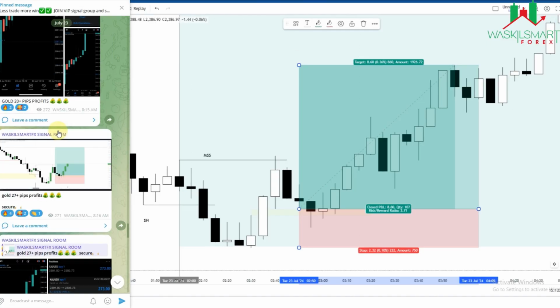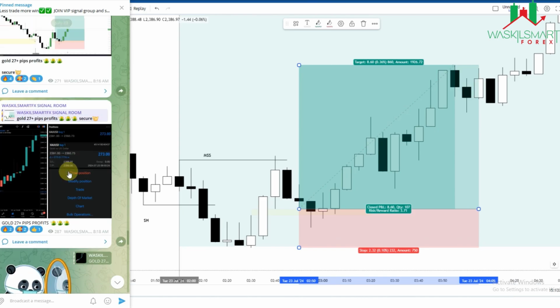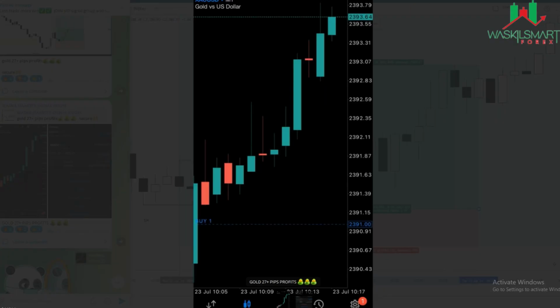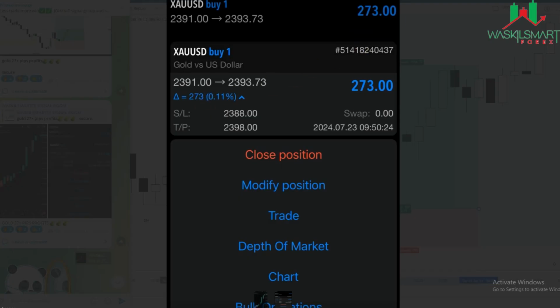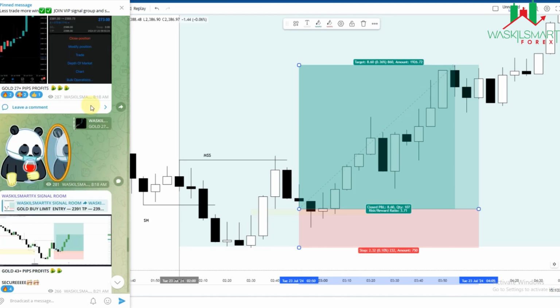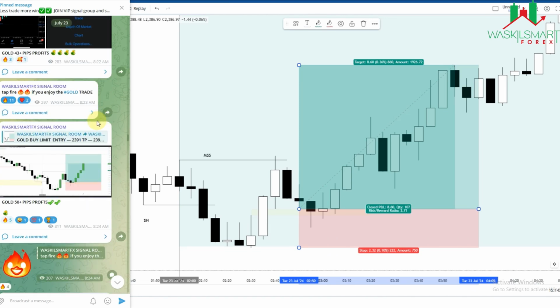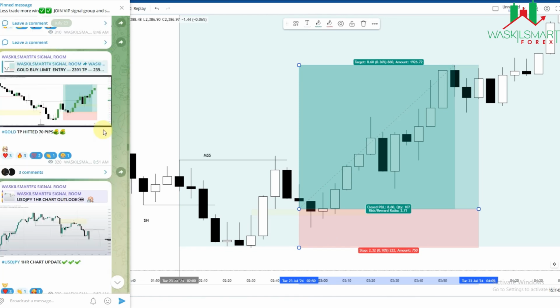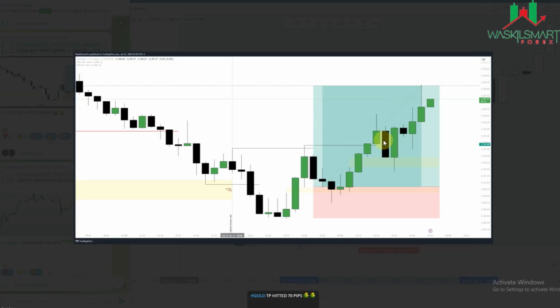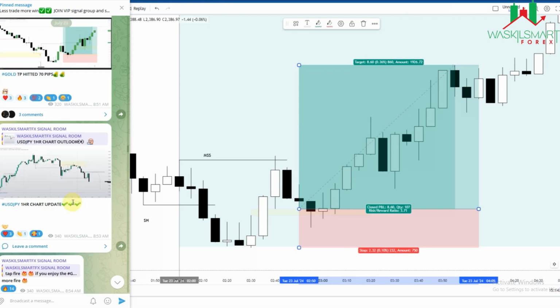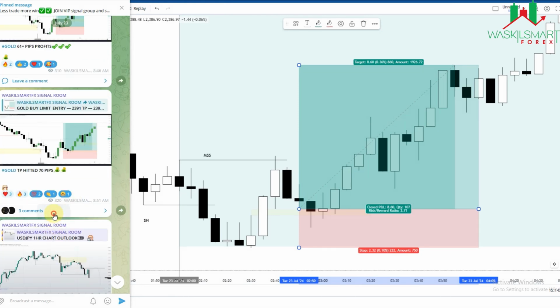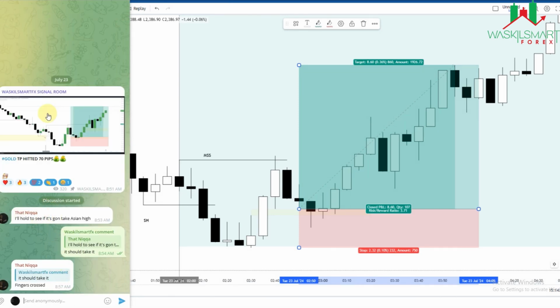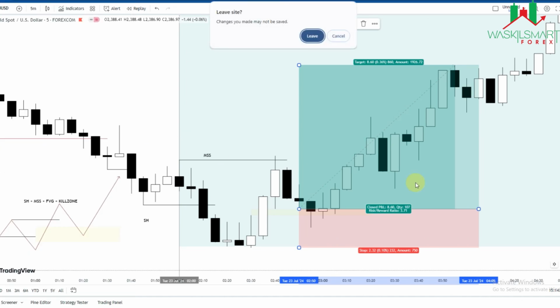You can see when the trade was going by, this was traded live. A lot of people took the trade, and I also took the trade personally. So when you take profit, you can see how it moves. What I'm trying to show you is not about not taking the trade.